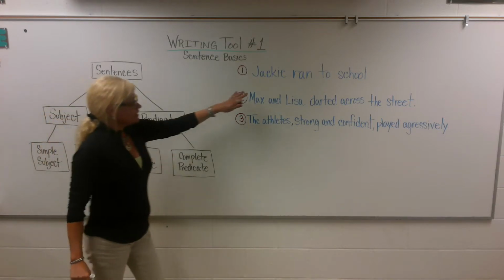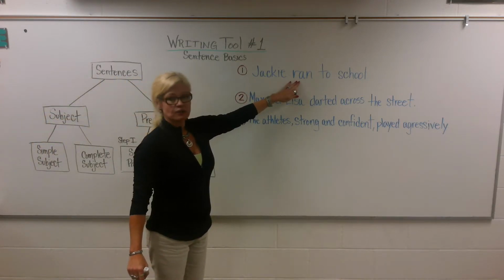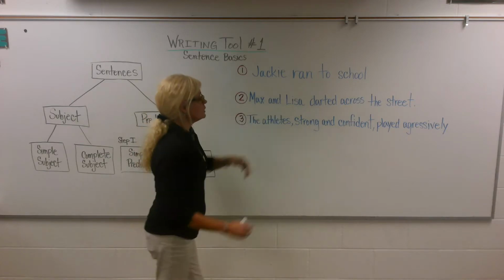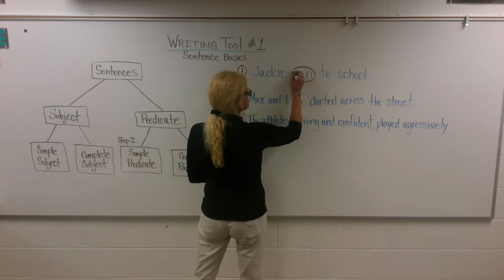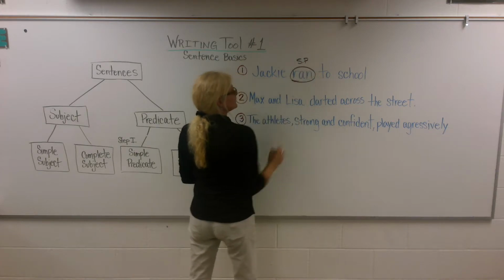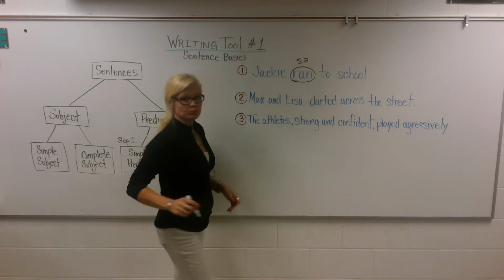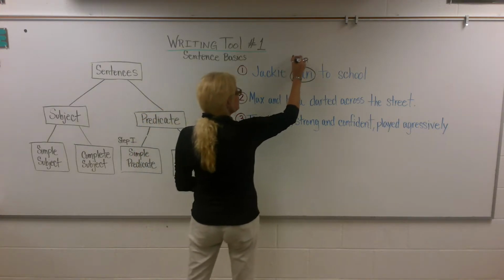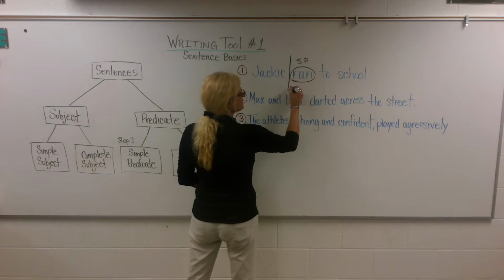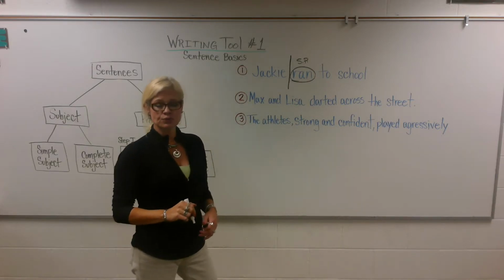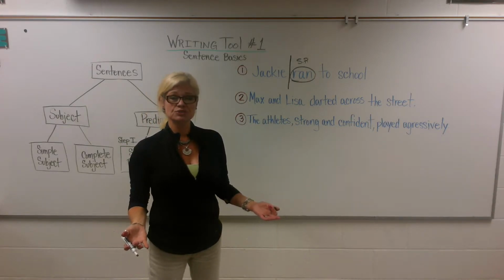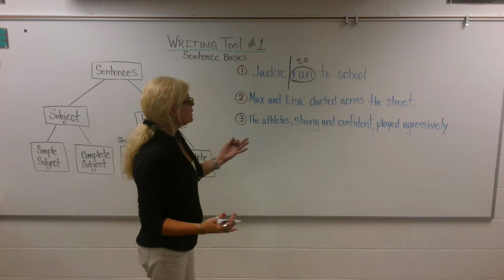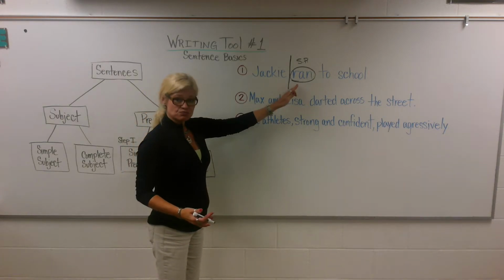So we're going to ask ourselves, what's the action? Jackie ran to school. The action is ran. So we're going to circle that, and we're going to label that the simple predicate. After we've identified the simple predicate, we're going to put a vertical line right in front of that simple predicate. This vertical line is really important. It actually tells you what to do next. So we know that the simple predicate is ran.